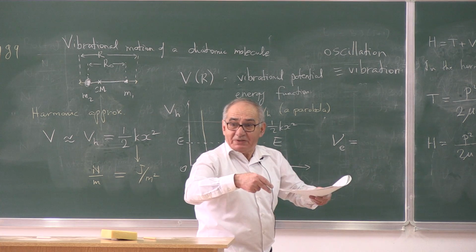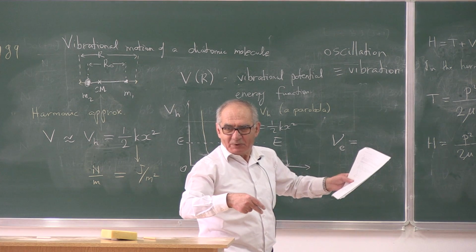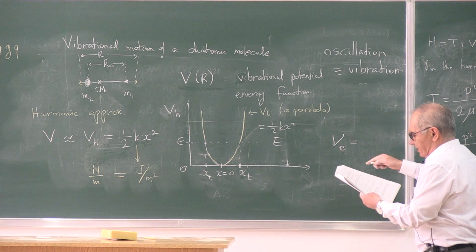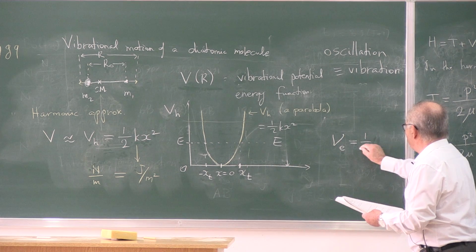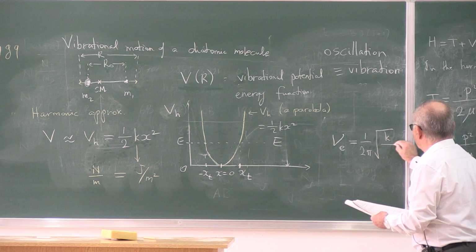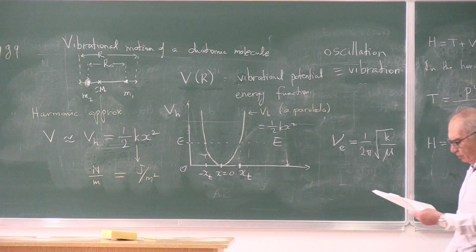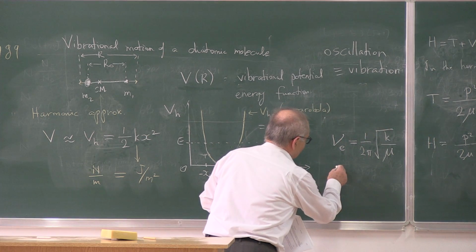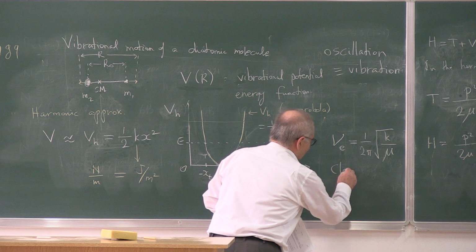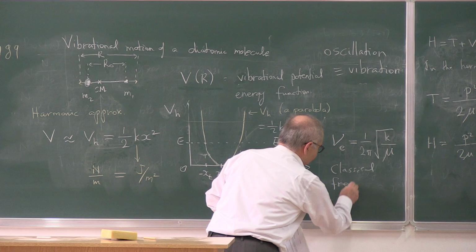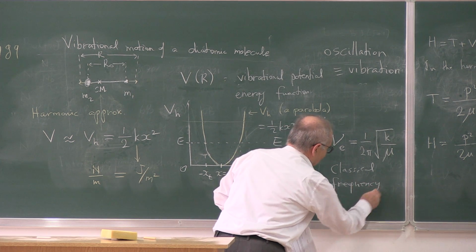The true frequency could be slightly different than this one. So to make the difference, an E is attached, and it is given by 1 over 2 pi times square root of force constant divided by reduced mass. This is the classical frequency of vibration.